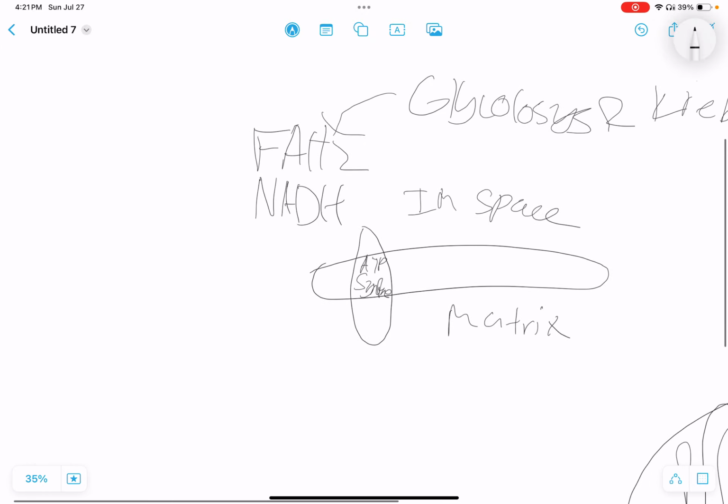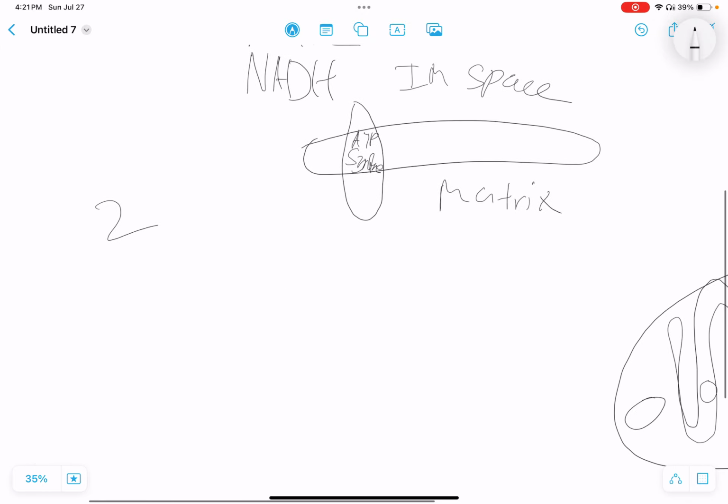So on average, FADH2 drops 2, NADH produced in Krebs cycle drops 3, but if produced in glycolysis, it drops 2. The main difference is the electrons simply use up energy trying to get into the mitochondria, because glycolysis and fermentation happen in the cytoplasm.